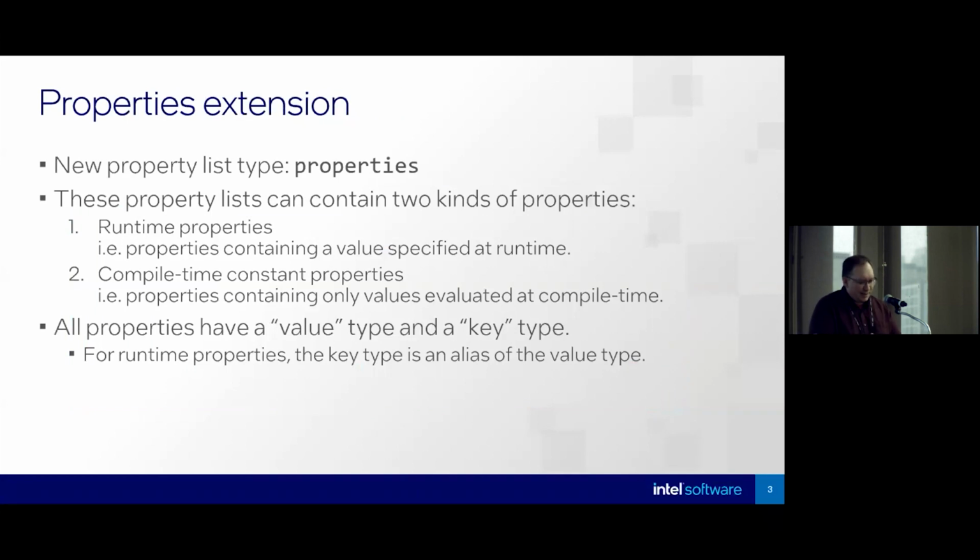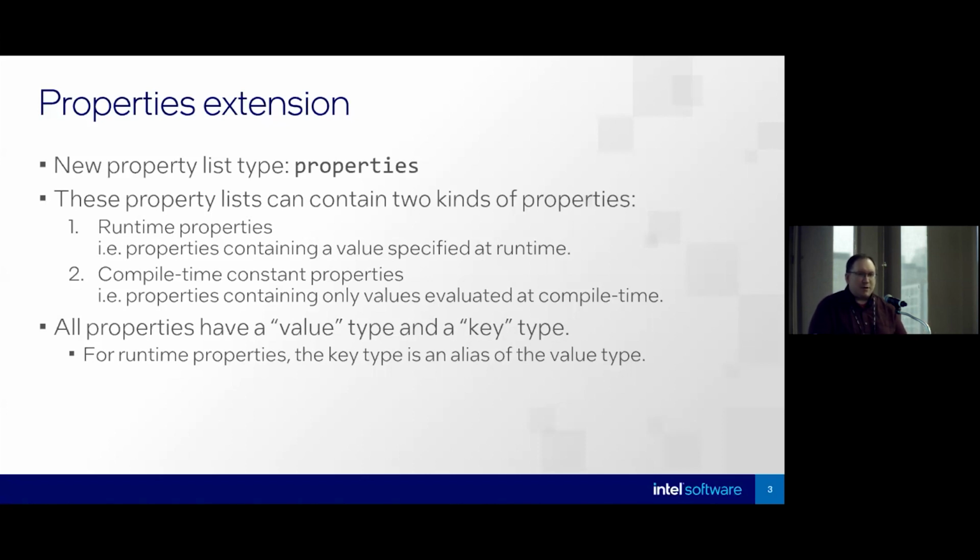So that lets us introduce a new way of expressing property lists. Rather than the SYCL property list class, we have an extension that defines a new class, properties. And these new property lists can contain two types of properties. We have the existing runtime properties that contain a specific value associated at runtime.